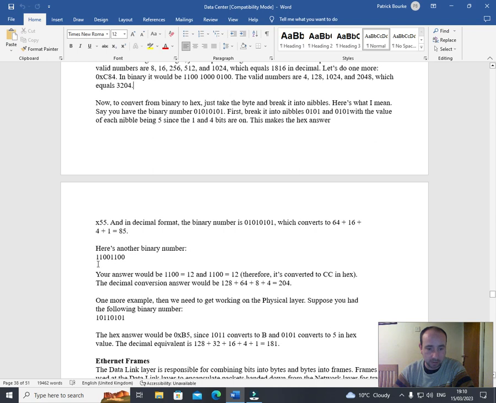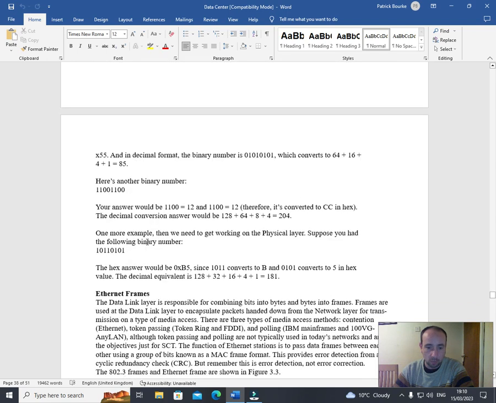Here's another binary number: 11001100. Your answer will be 1100 equals 12 and 1100 equals 12, therefore it is converted to CC in hex. The decimal conversion answer will be 128 plus 64 plus 8 plus 4 equals 204. One more example.